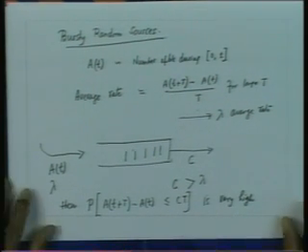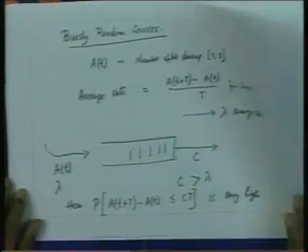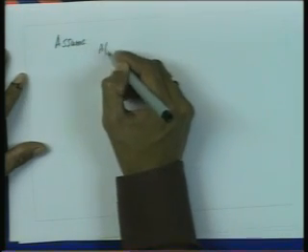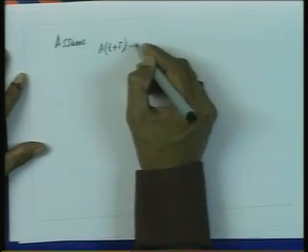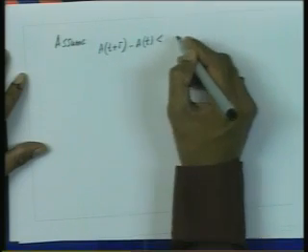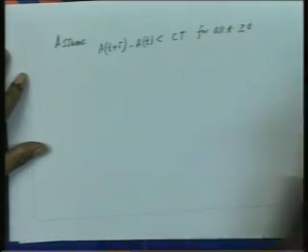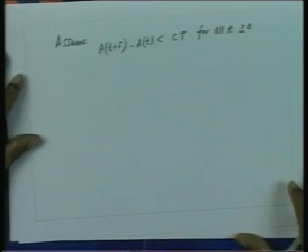Okay, now assume in our case that A(t plus tau) minus A(t) is less than C tau for all t greater than 0.